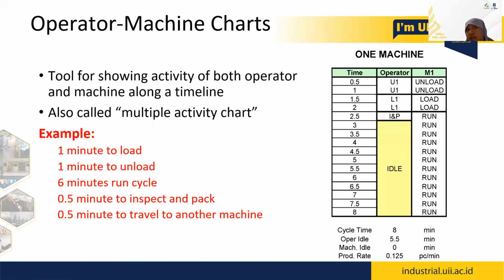Now, once we understand the number of machines needed, we can try to calculate how many operators are needed for this machinery. So whether this operator should be dedicated to one machine, or whether we can use the same operator to operate different machinery, maybe not one, maybe two, or maybe three.